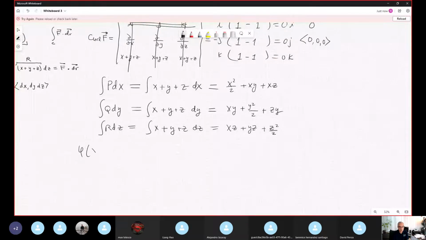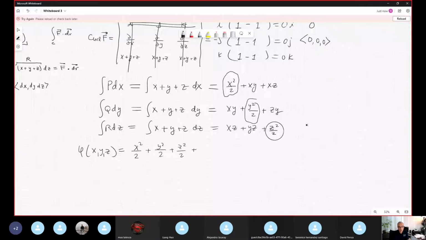So what is my potential function, phi of x, y, z? Look at the identification here. To sound elegant, I copy the quadratic terms first: x squared over 2 plus y squared over 2 plus z squared over 2.